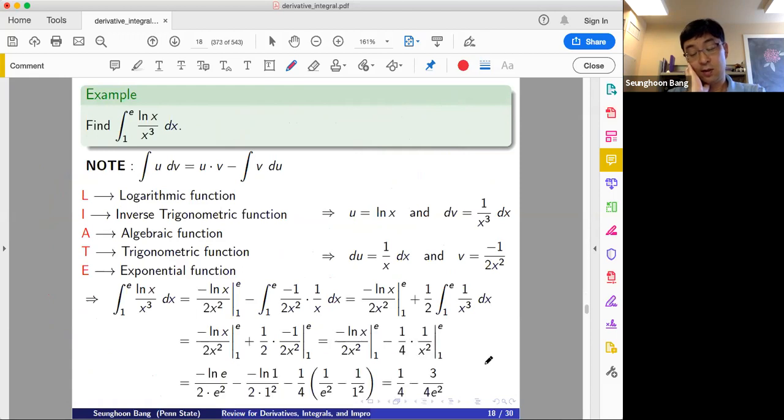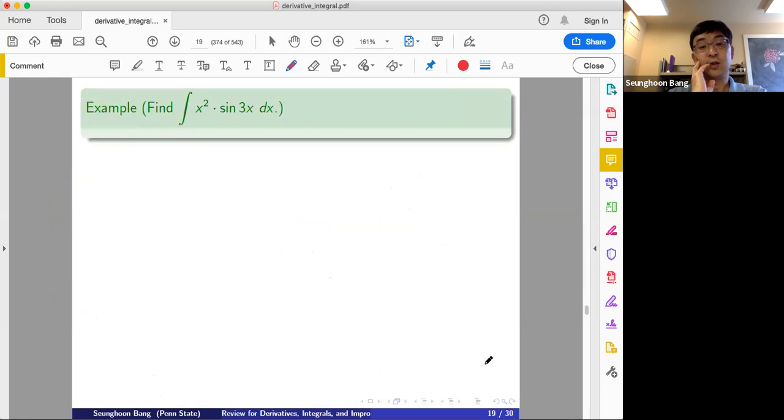Okay, so like this. The next one, the integral of x squared times sine 3x. You can use the same method. So x squared is an algebraic function. The sine function is a trigonometric function, exactly the product of an algebraic function and a transcendental function, so we use integration by parts.